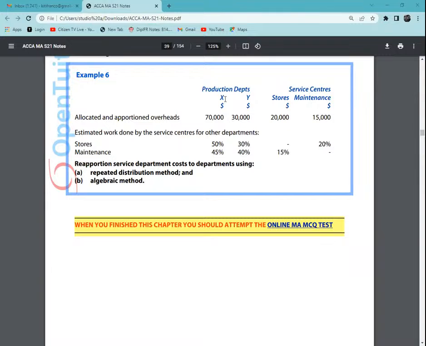I'm simply copying this figure, the allocated overheads. So we have 70,000, 30,000, and then stores, we have 20,000, 15,000, like that.